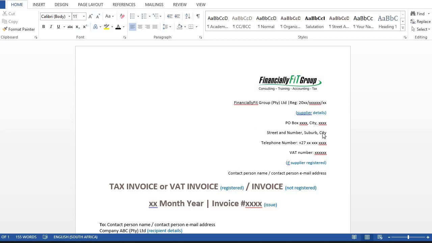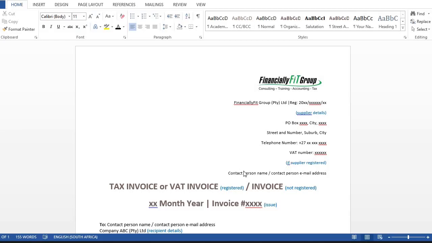But the VAT number you only include if you are registered for VAT. Then it is also good practice to include a contact person name and email address or telephone number of the person who they can contact regarding this invoice.